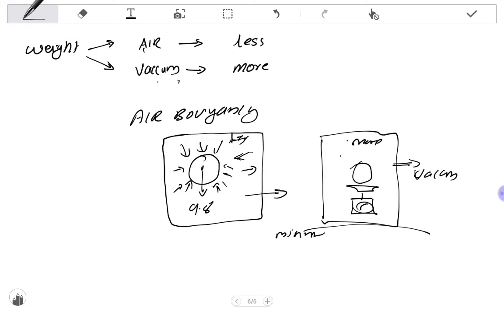So the density, we all know that weight is equal to volume into density.